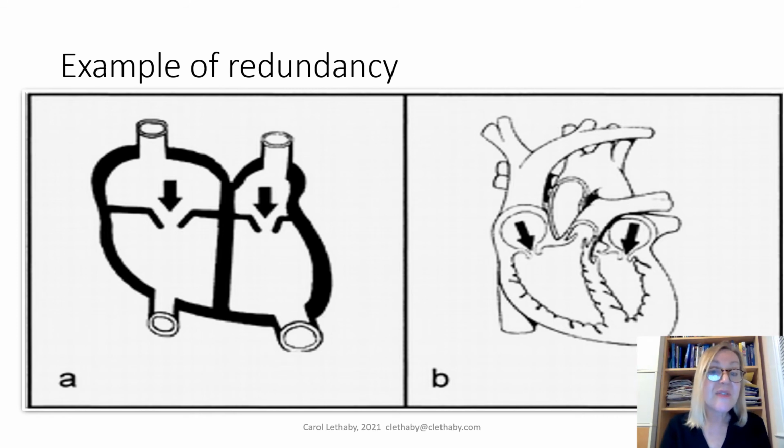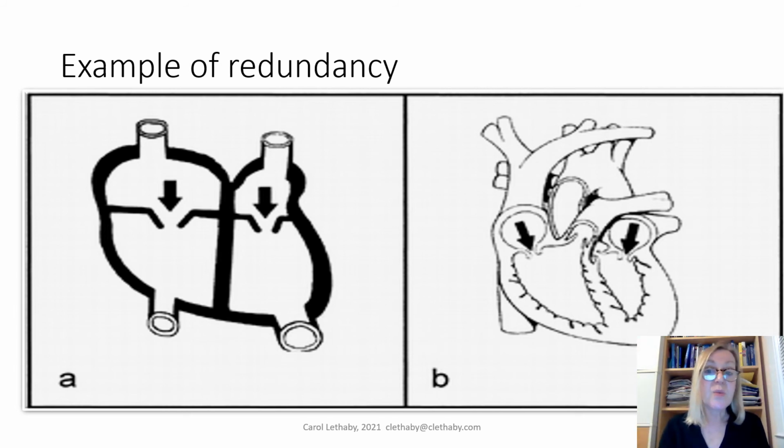Example of redundancy. This is an experiment from Butcher. What she did was she gave learners two different pictures of the heart, along with a recording, and they had to listen and read and look at how the heart worked.